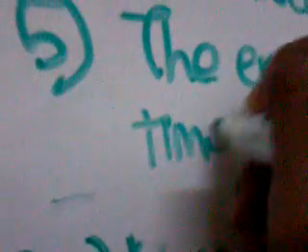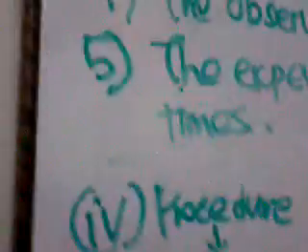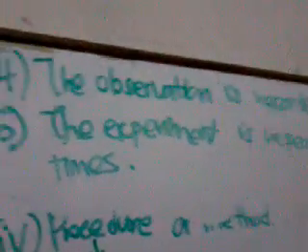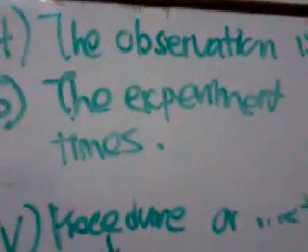The experiment is repeated 3 times. So these are step 4 and step 5. The observation is recorded and the experiment is repeated 3 times.